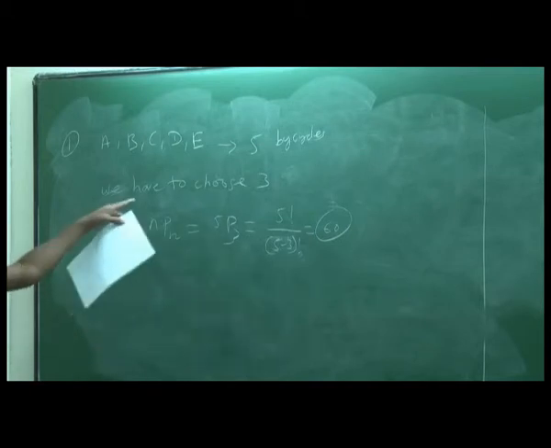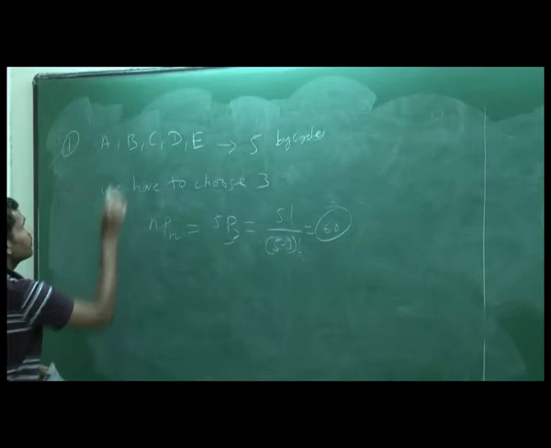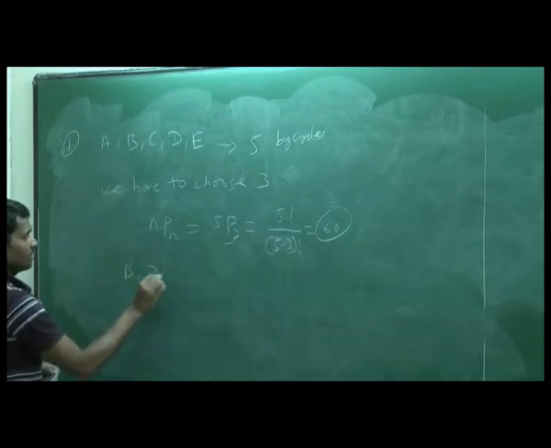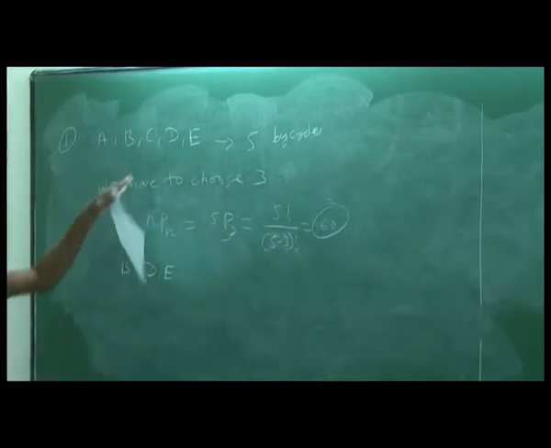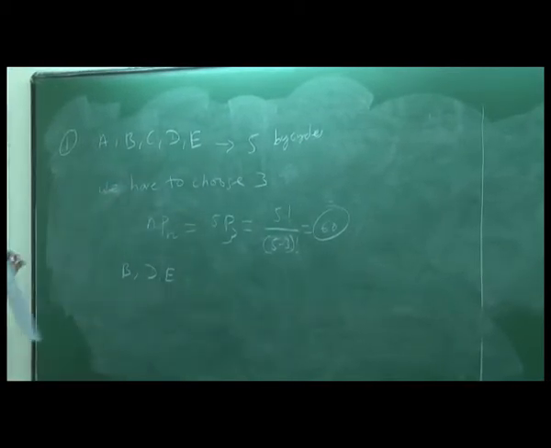Provided all the 5 bicycles are distinct, remember, here we are choosing 3 bicycles. Suppose we choose B, D, E. There are 5 bicycles, and we have to choose first one, then second, then third.